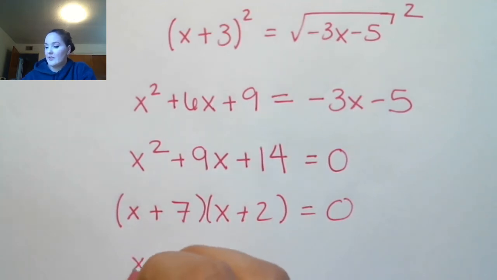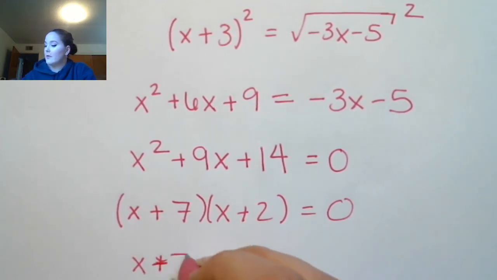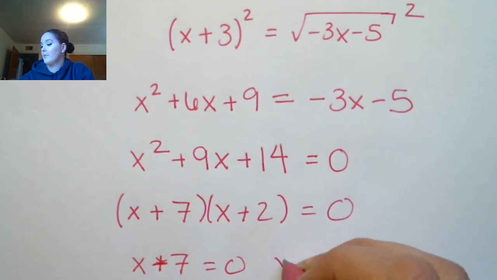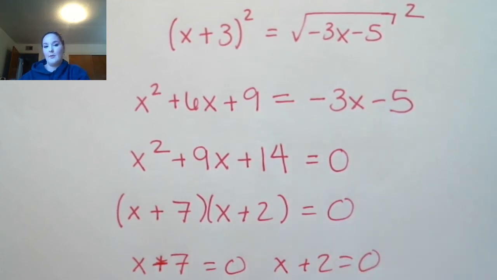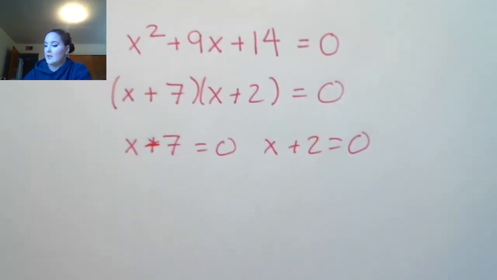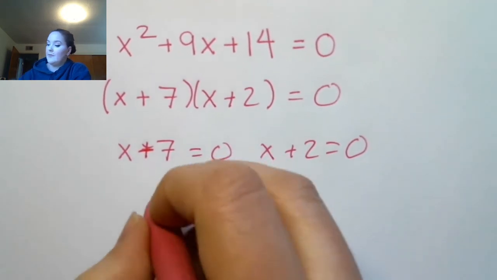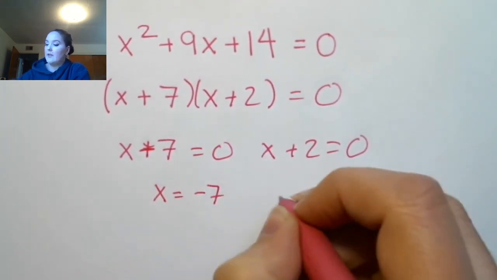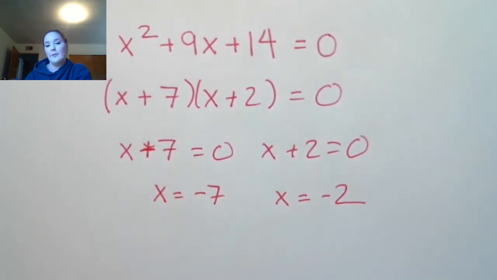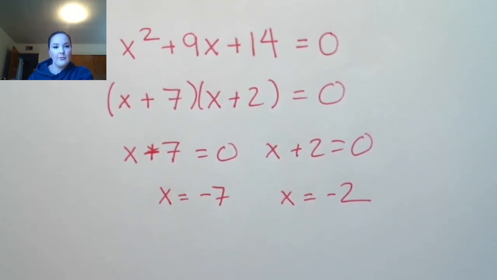Set each of my factors equal to 0, and get my two candidate solutions, negative 7 and negative 2. Now I still need to check these solutions to see if they're extraneous. So let's check them.